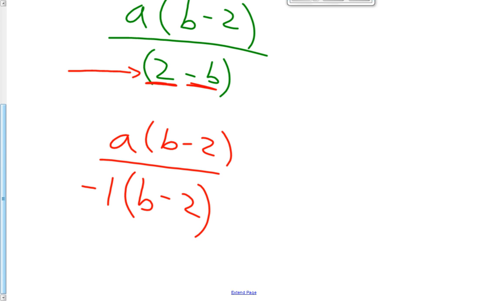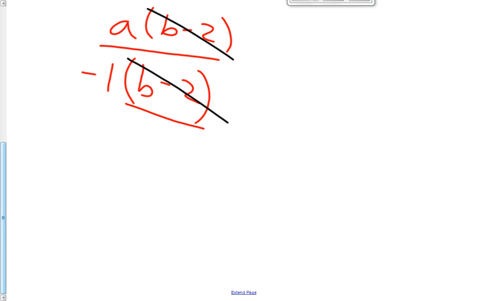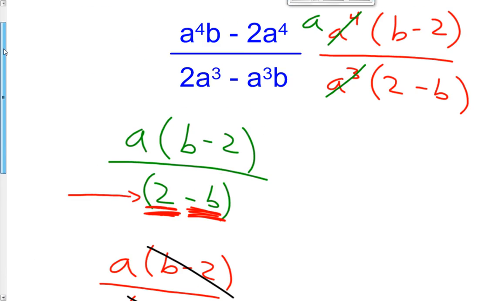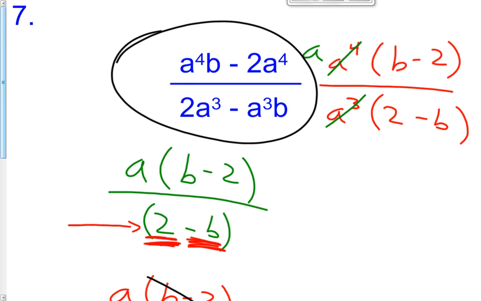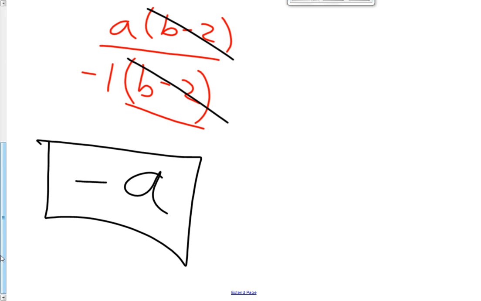I took out a negative 1, and now I'm left with a positive b and a minus 2. Hence that factor. Now I can go bam, bam. Good stuff, right? So now it's a divided by a negative 1. And what's a divided by a negative 1? A negative a. My answer used to be this junk. Then I simplified it, and bam, I got a negative a. Much, much more simple. Let's try number 8 now.